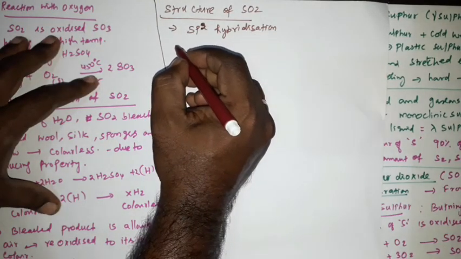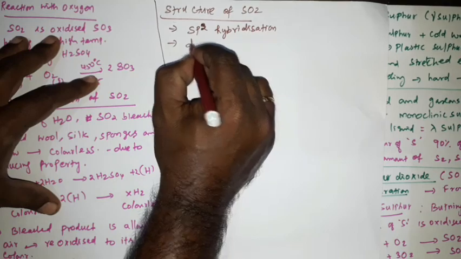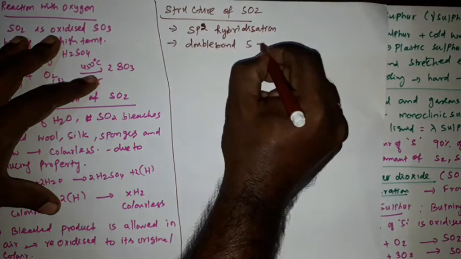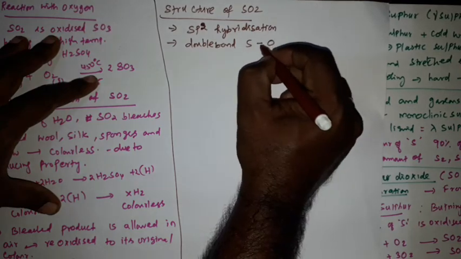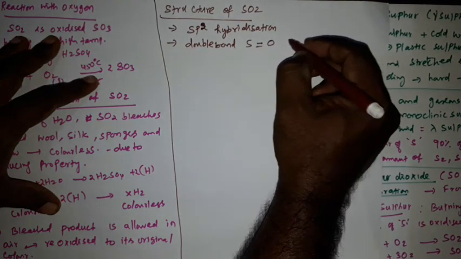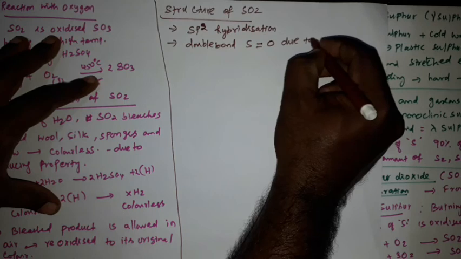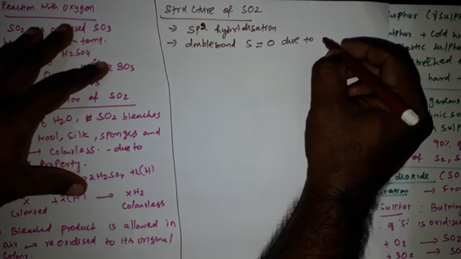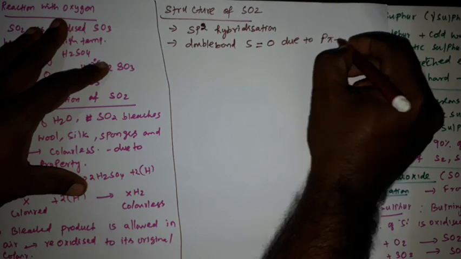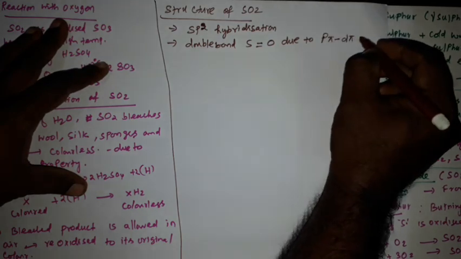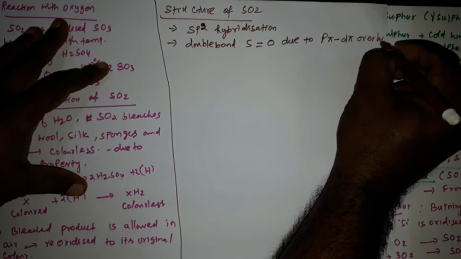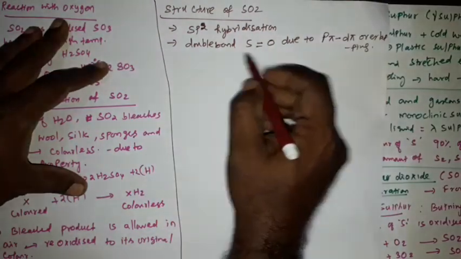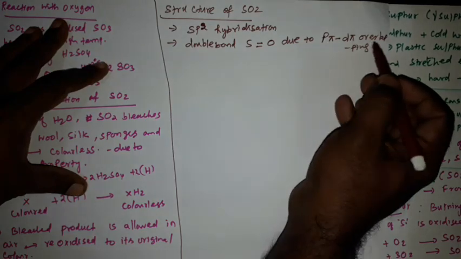A double bond arises between sulfur and oxygen, that is due to p pi and d pi overlapping. So the double bond arises due to p pi and d pi overlapping.